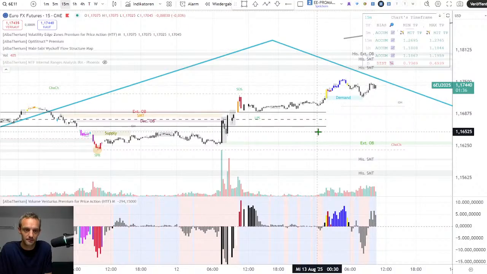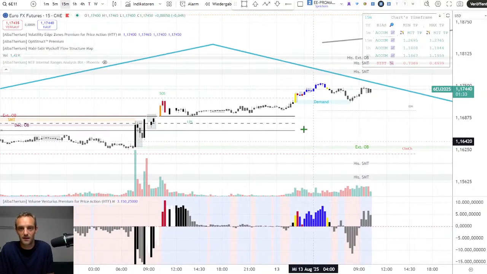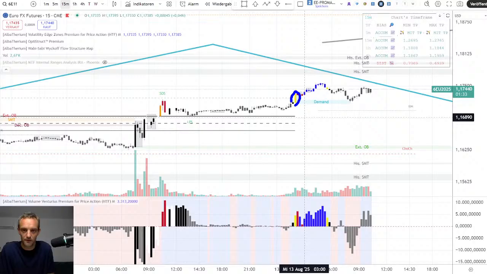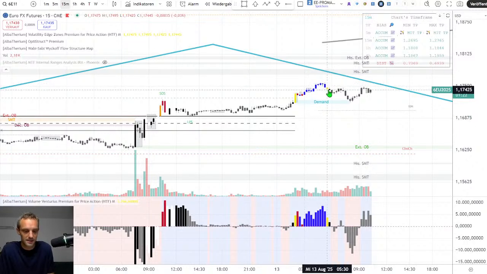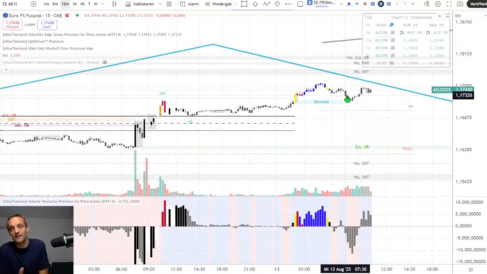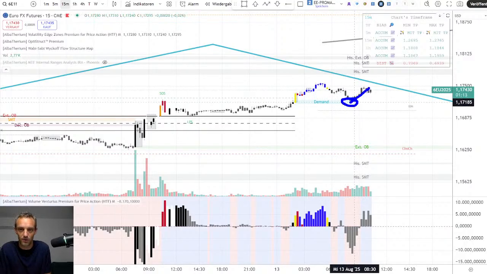For example, once we see on the 15-minute chart the first colorful candle printing, don't execute short trades, just execute long trades. As long as we see the color on the 15-minute chart, we can execute long trades, and even then on the higher time frame, for example the 1 hour chart, we can still trade the demand order block in the long direction.